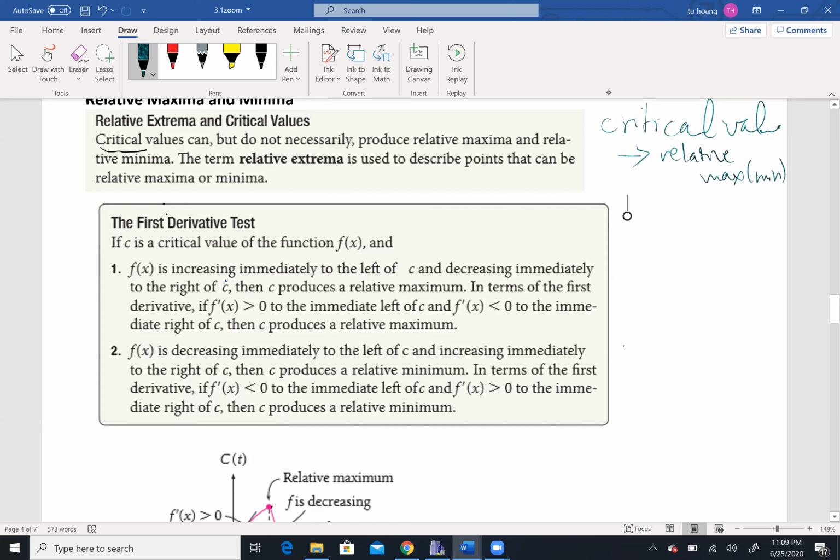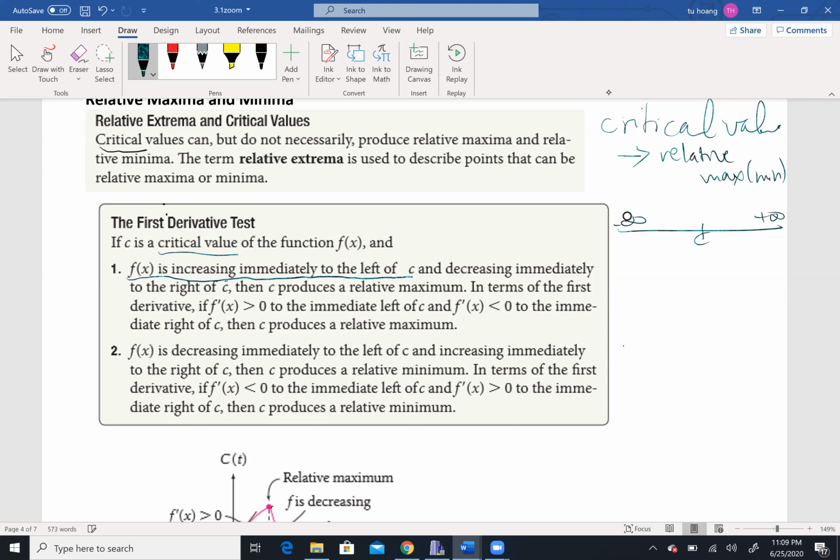So if C is a critical value, and f(x) is increasing immediately to the left of C. So here is C, right? I have a number line here, and here's C, from somewhere like negative infinity to positive infinity.